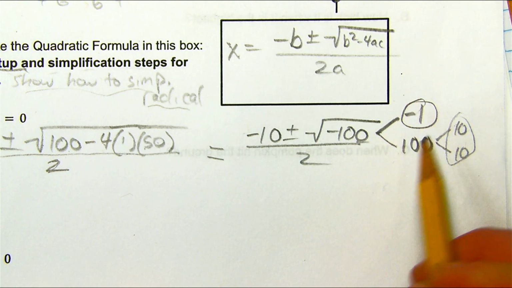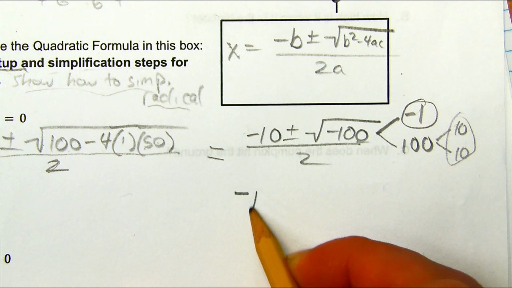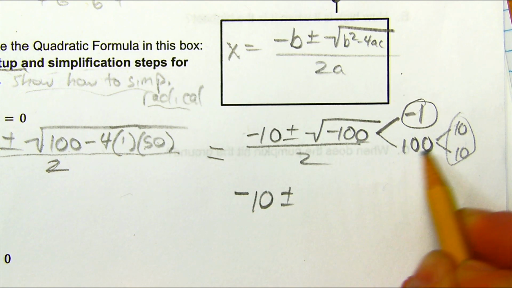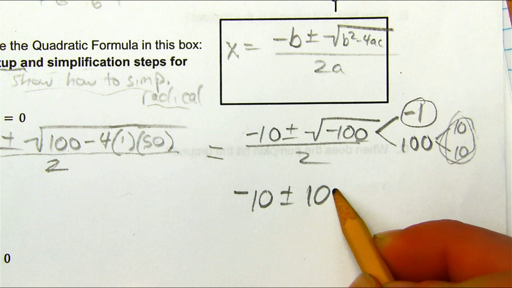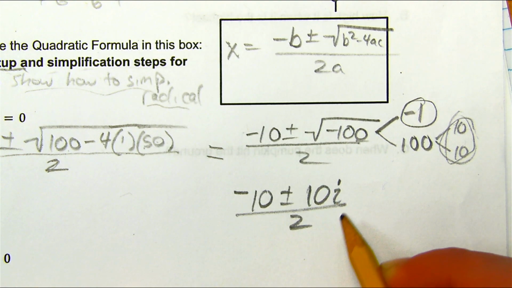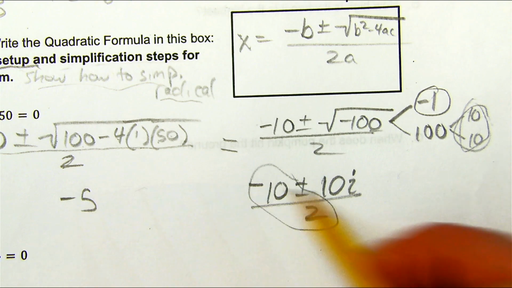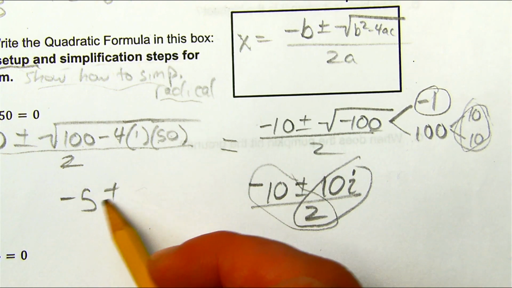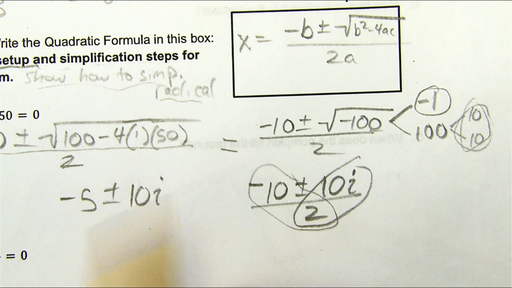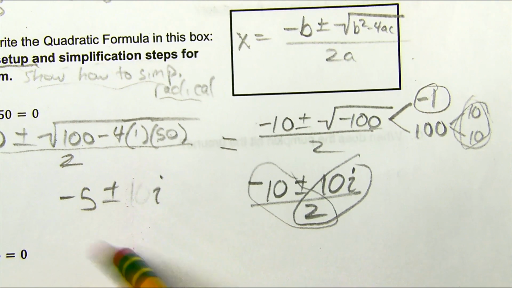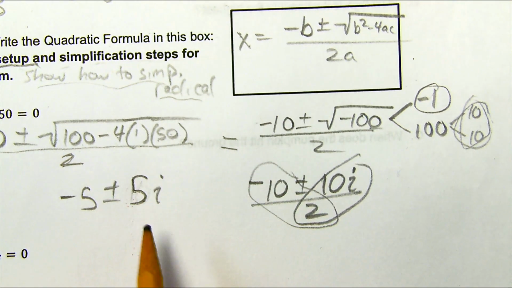And the negative 1 square roots out as an i. So we have negative 10 plus or minus 10 comes out and an i. And lastly, this gets divided by 2, and this gets divided by 2. Ta-da.